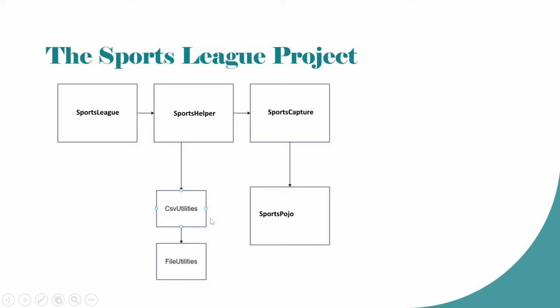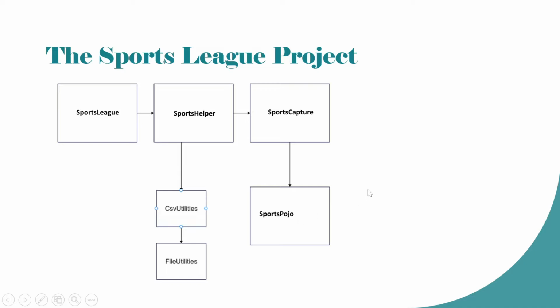It's got a dependency on the CSV utilities, which it uses to create a spreadsheet, and the CSV utilities has a dependency on the files utility class, which it uses to write the spreadsheet files to disk. The helper class also has a dependency on the capture class, and the capture class has a dependency on the pojo.